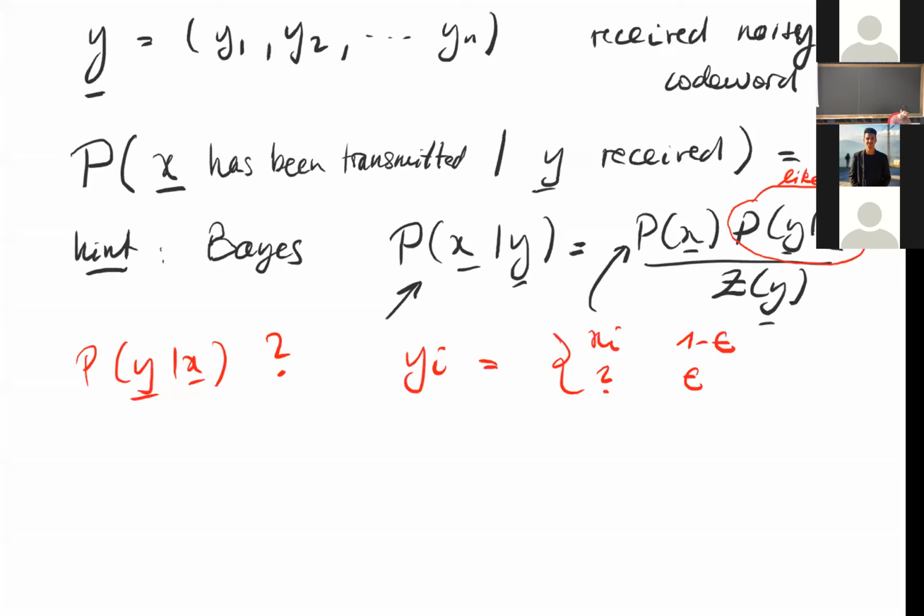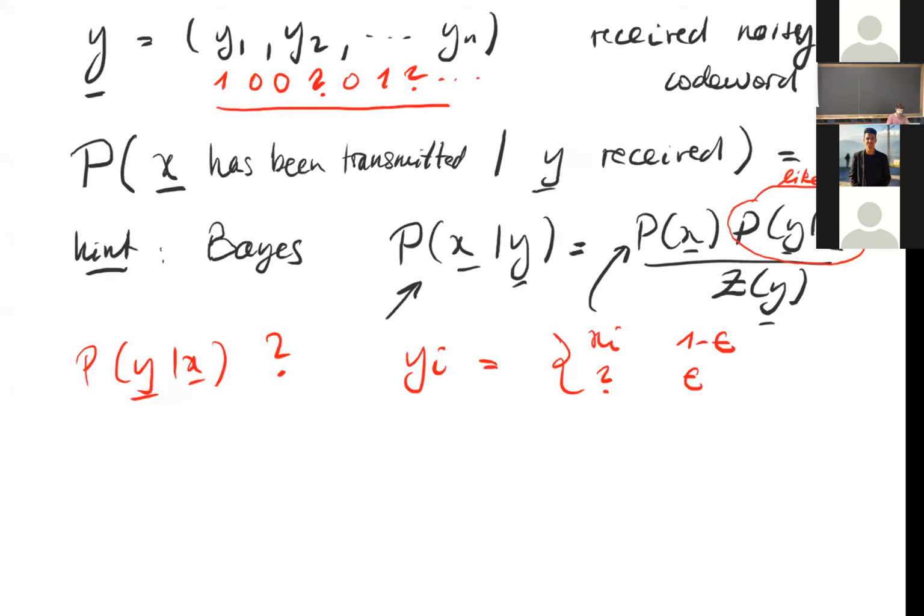So this Y that you receive is essentially a series of bits, 1, 0, 0, question mark, 0, 1, question mark, and so on. When you know that you receive a bit, it cannot be a mistake. It is what it is. But when you receive a question mark, you don't know.